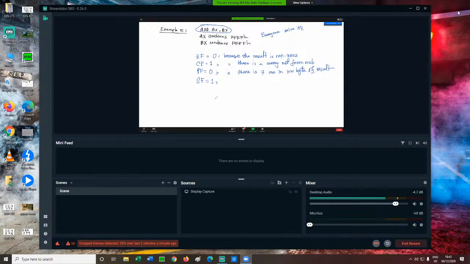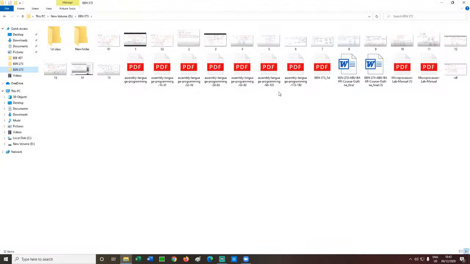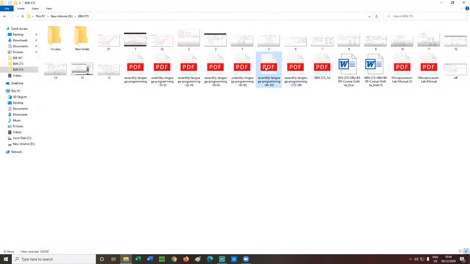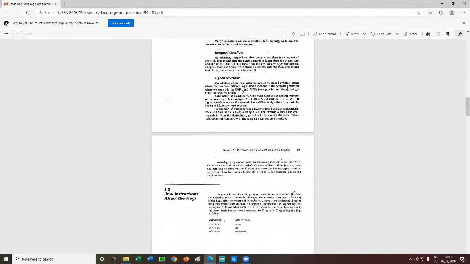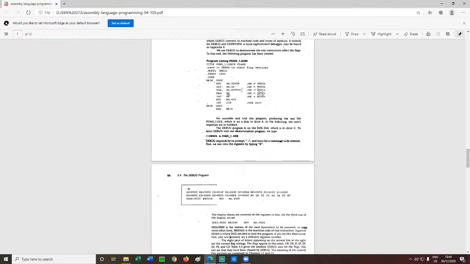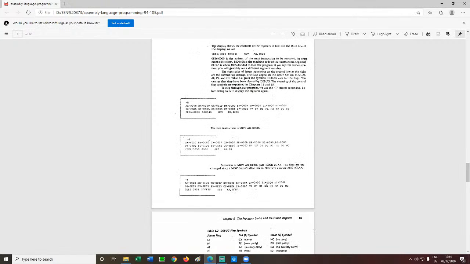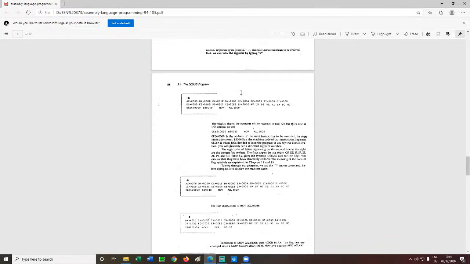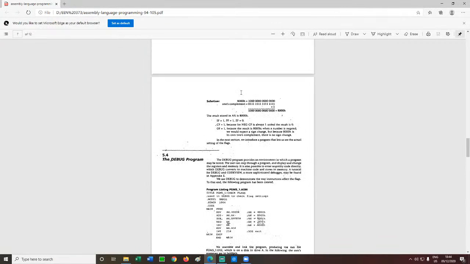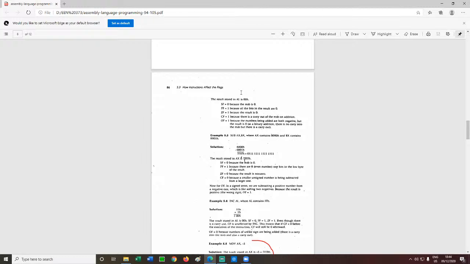I think writing sign flag equals 1 because the MSB is 1 is better, because everyone will understand easily. The MSB being 1 means the result is negative.